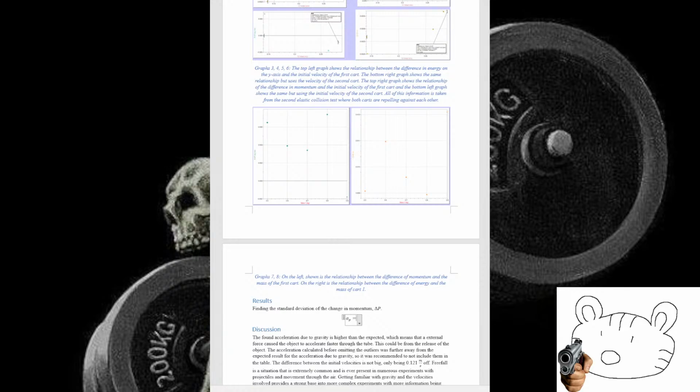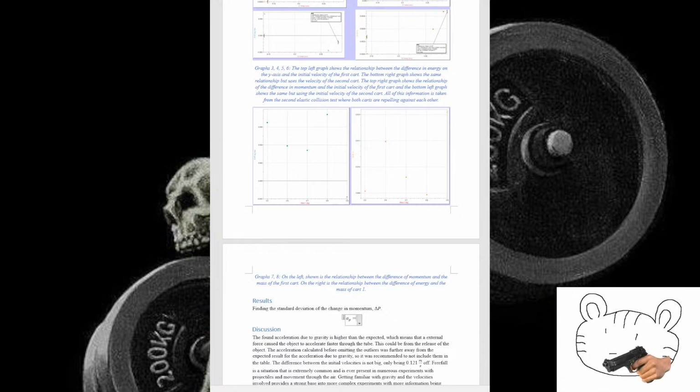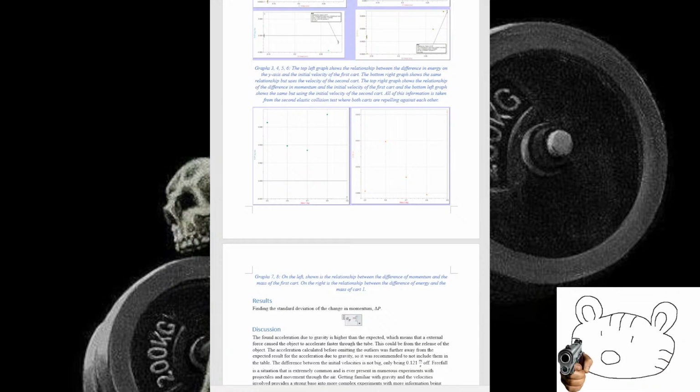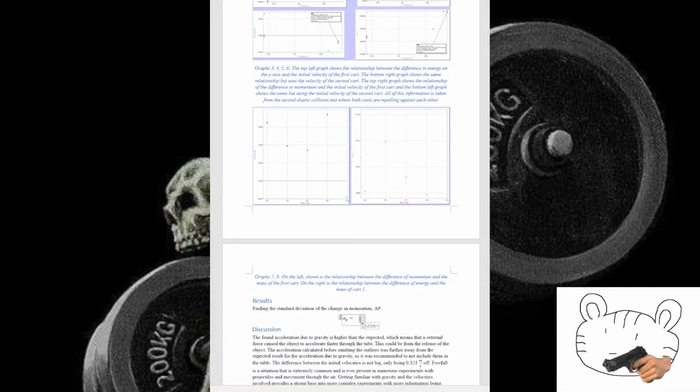So that's where I'm going to be getting my standard deviation at the top. So we're going to take the standard deviation. If I go back to my equation, I'm just going to copy and paste it. So we're going to take this. Oh, it's white for some reason.